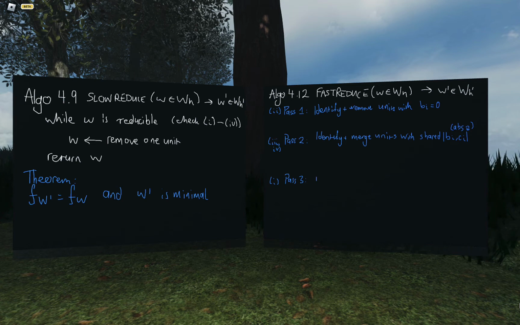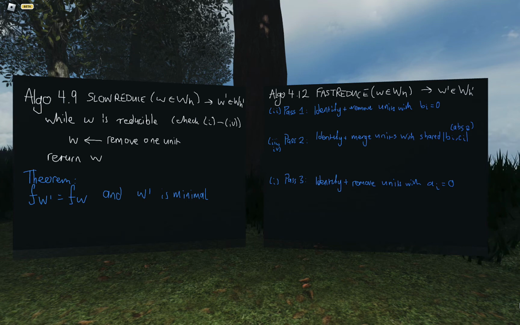So let me write down what I said. Identify and remove units with outgoing weight with AI equals 0. And this is AI after merging. So let's do this in code.